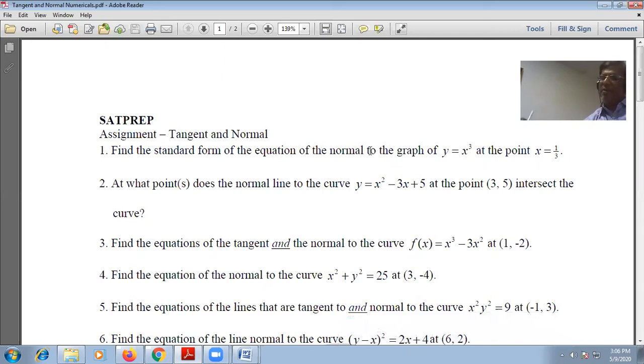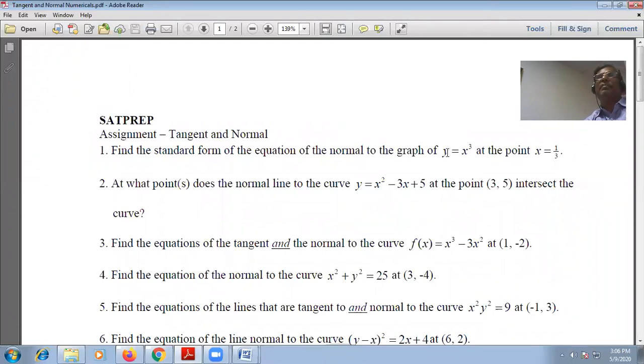The standard form of the equation of the normal is y minus y1 is equal to minus 1 upon dy by dx into x minus x1. So for this we have to find dy by dx of this.